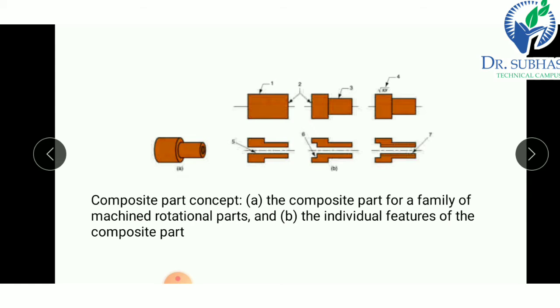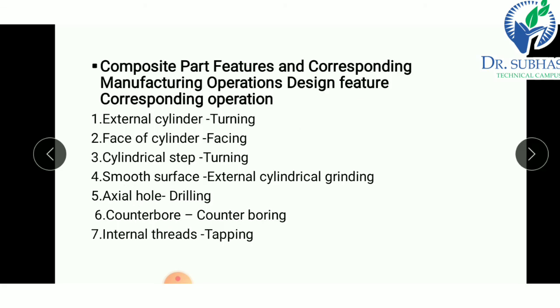So by combining these design attributes and manufacturing attributes, we can easily classify the parts into groups, that means parts into part families, and these part families make it easy to form a manufacturing cell. And in this manufacturing cell we can use our machines in a very optimized condition. Okay, so this is nothing but the composite part concept.